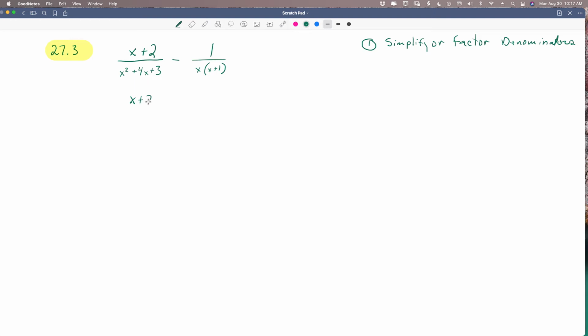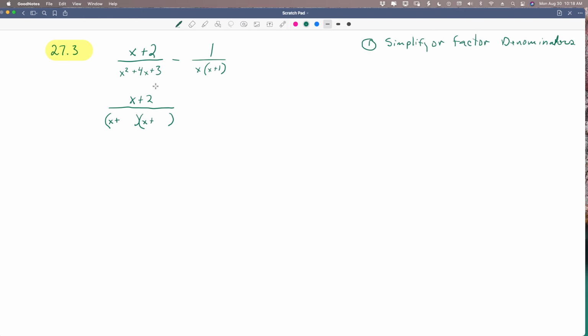We have x plus 2. And when we break this down into 2 sets of parentheses, we get x times x is x squared. All of these are positive, so that leads me to believe that I can put a positive here and a positive here. The factors of 3 are 1 and 2, right?